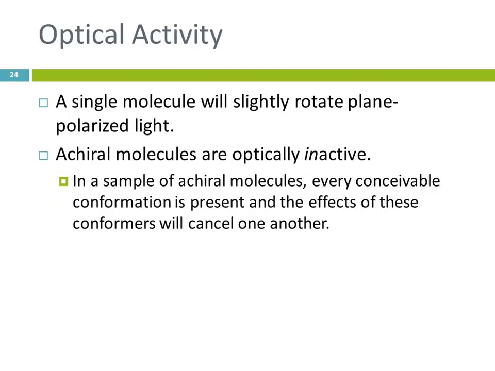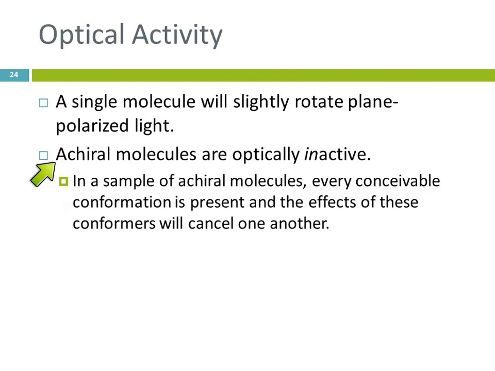So a single molecule will rotate plane polarized light, just a little bit. The more molecules you have, the more rotation you'll get. But achiral molecules are optically inactive. They will not rotate the plane polarized light.